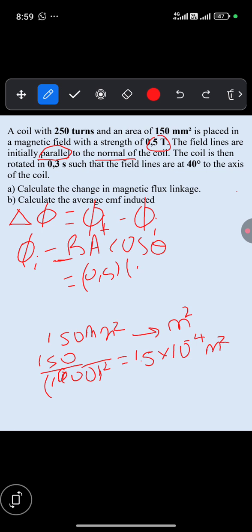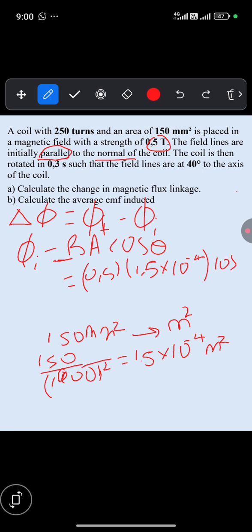So I put 1.5 times 10 to the power negative 4.